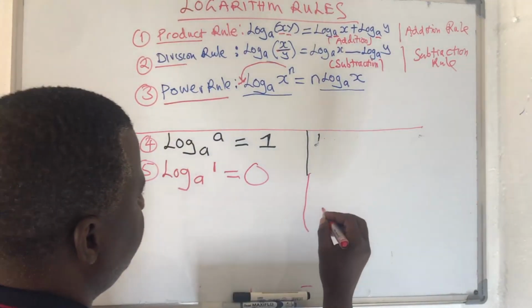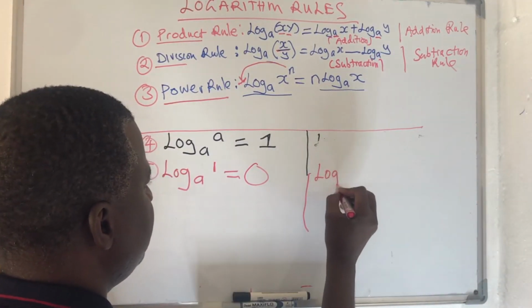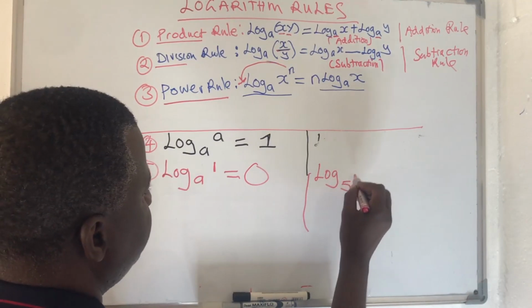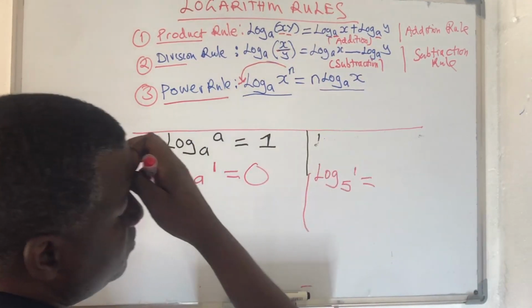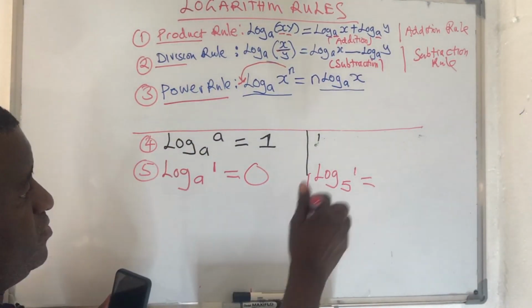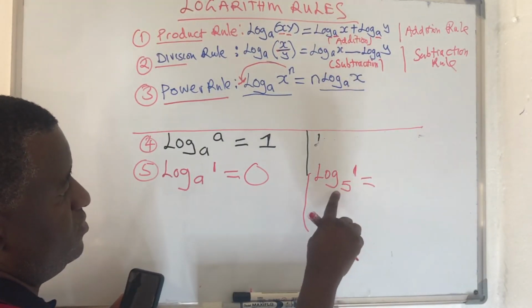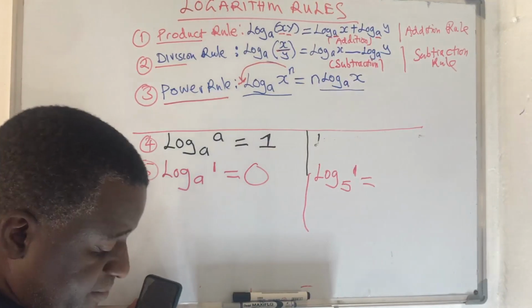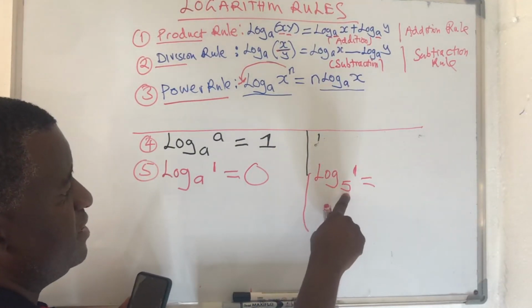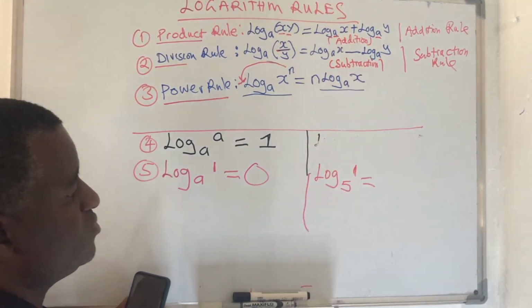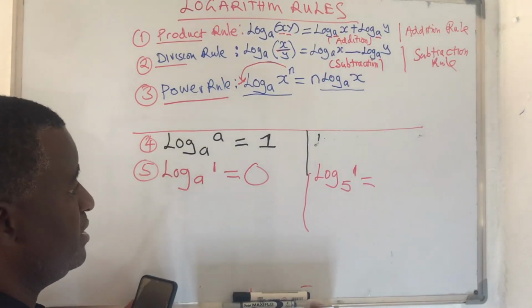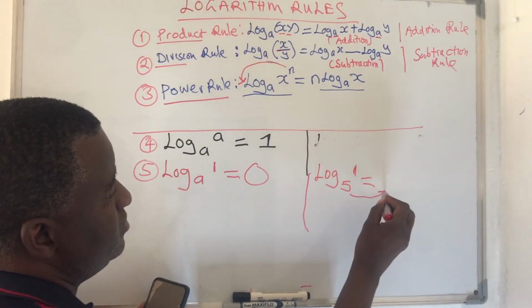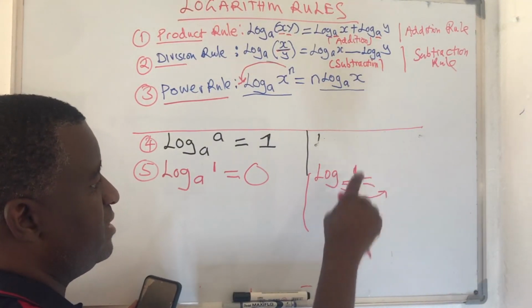So let's take some examples. So if you want to say log of 5 to 1, log 5, 1, what's the answer? Log of base 5 of 1, what would be the answer? You're asking yourself the question, to what power should I raise 5 so that I get a 1?